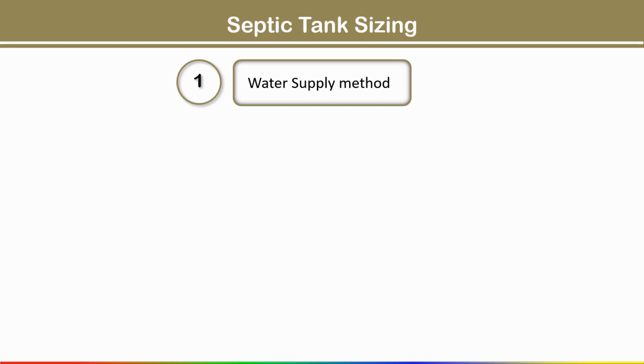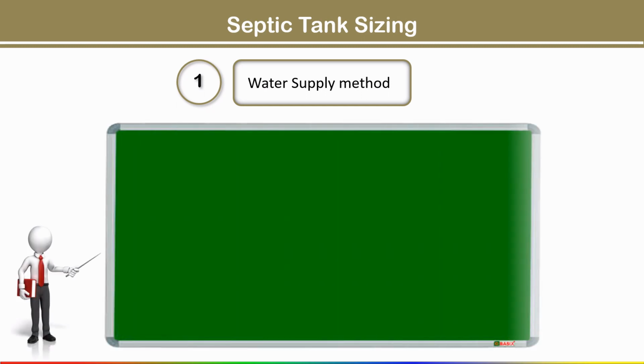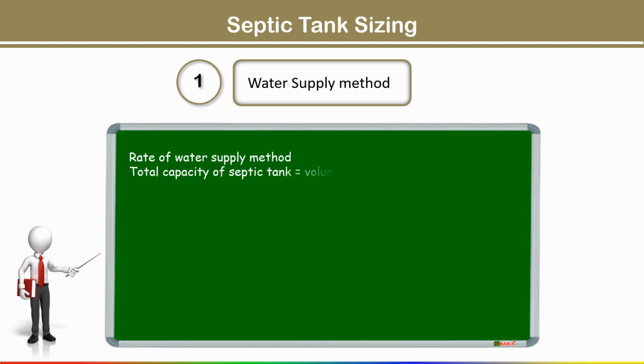Now see, the first method of septic tank sizing is the water supply method. Here some formulas are given, so you have to follow all the formulas during the sizing of the septic tank. How do you find the total capacity of the septic tank?